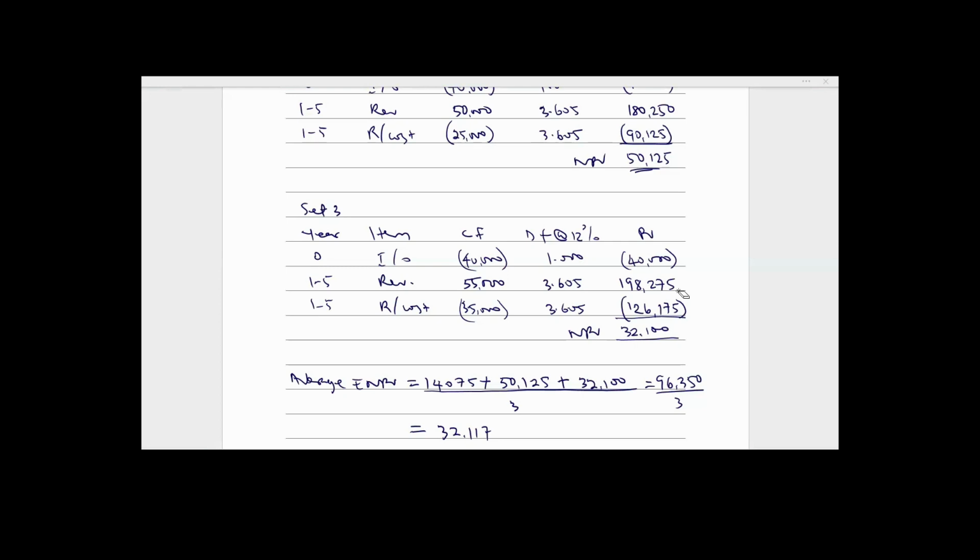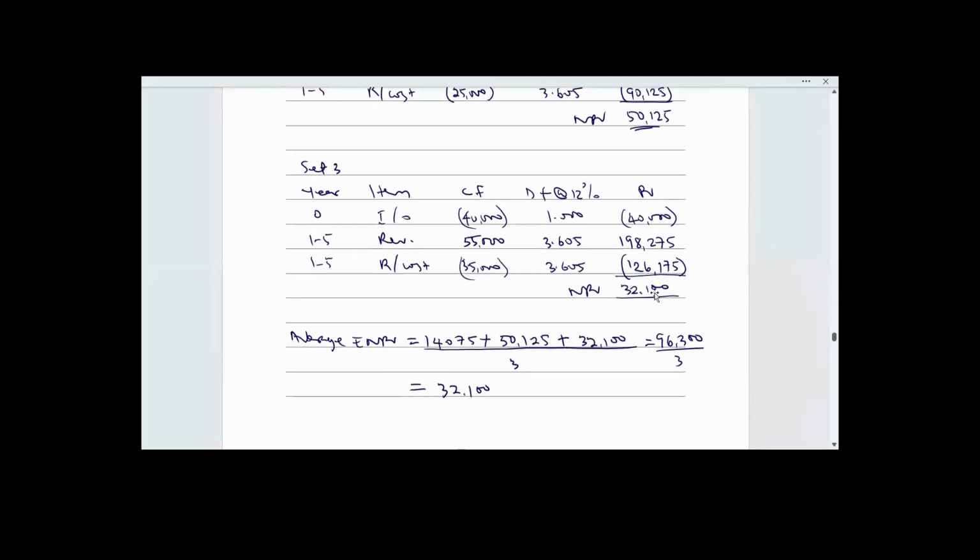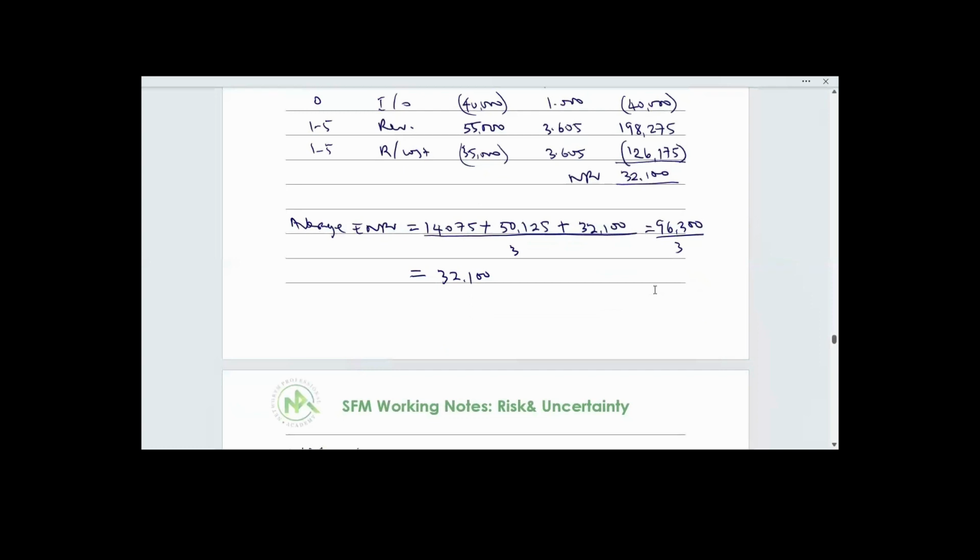So 96,300 divided by 3 will give us 32,100. Thank you. So the expected NPV is 32,100 naira. So that is for that.